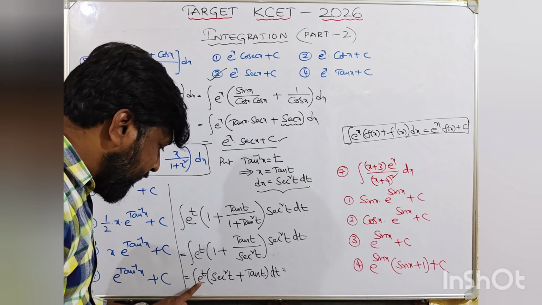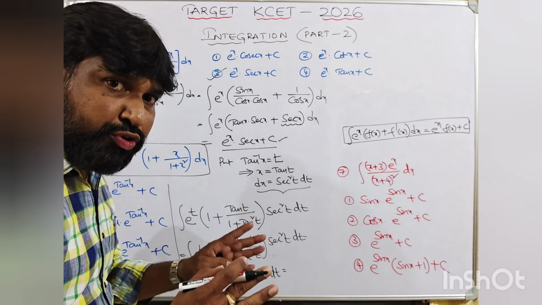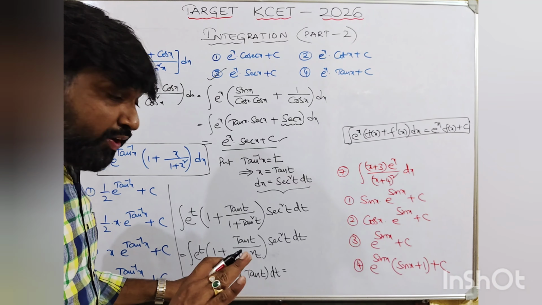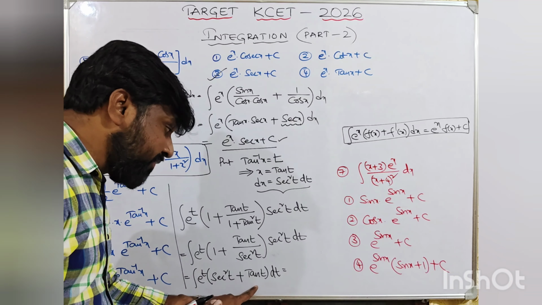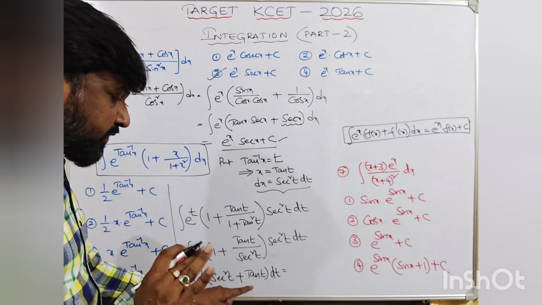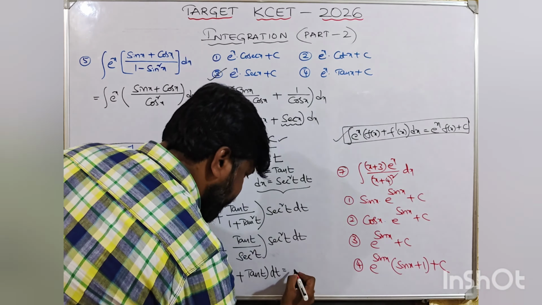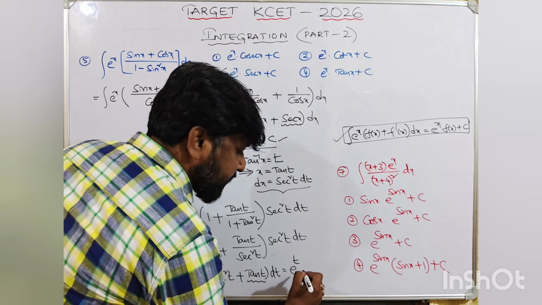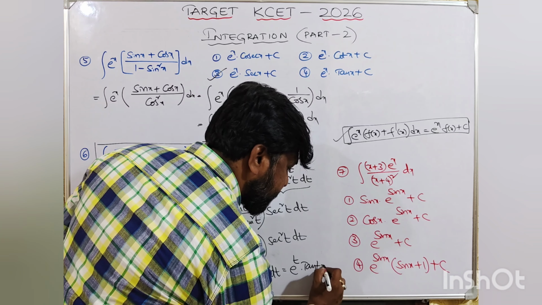Integral, it looks like e power x into (f of x plus f dash of x). Now you need to search what is f of x, what is f dash of x. The derivative of secant square x will never be tan x, but the derivative of tan x is secant square x. So this is f of x, this is f dash of x. According to our formula, this is e power t into tan t plus c.